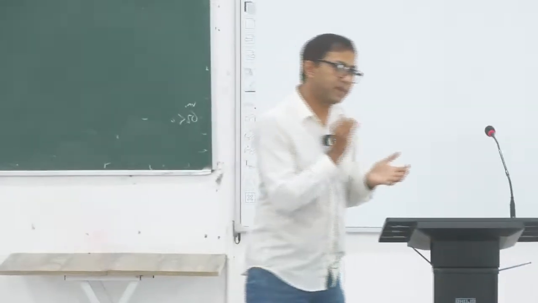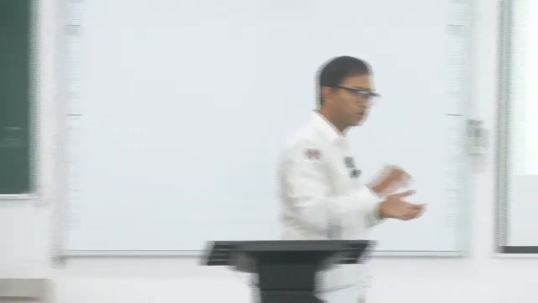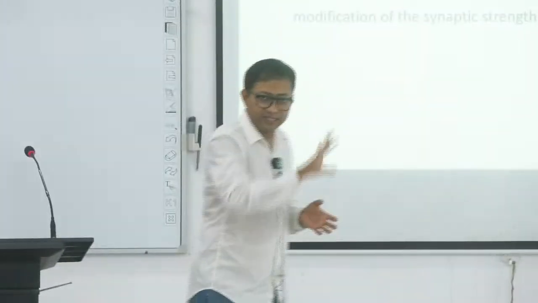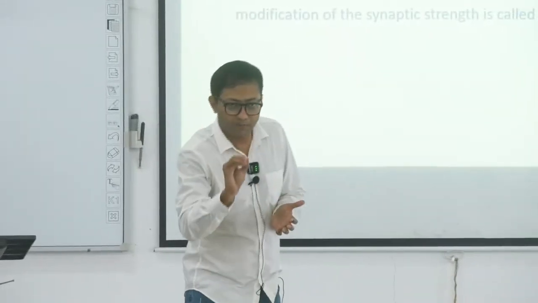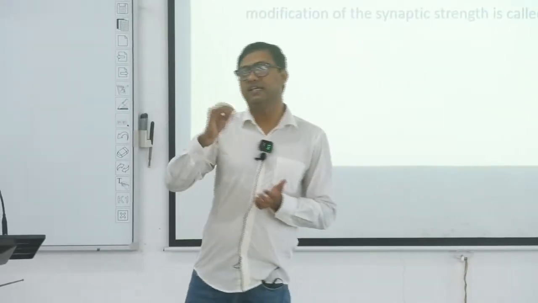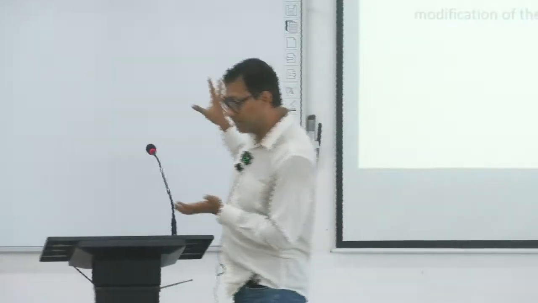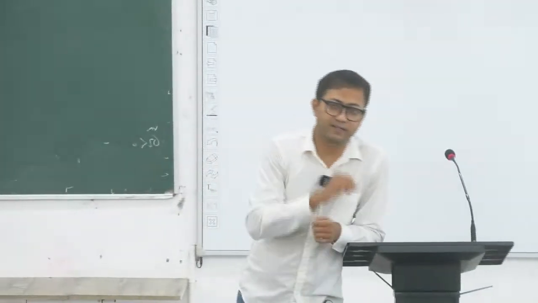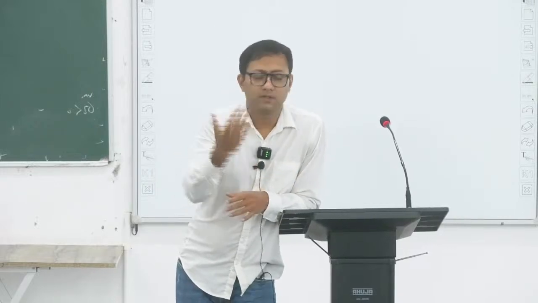So synaptic plasticity happens in your cerebral cortex, in whatever neurons are responsible for your memory, and in the neurons of the cerebellum that are responsible for your motor learning, right? A similar thing happens when you are trying to ride a bicycle. At the very beginning, you do not know how to ride it. You try repeatedly, today, next morning again, next morning again.